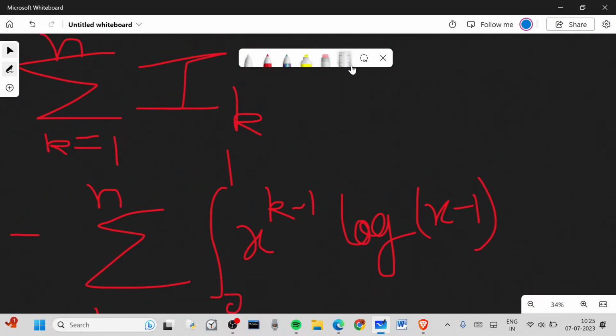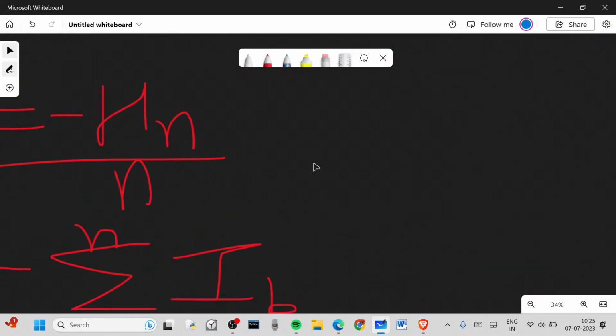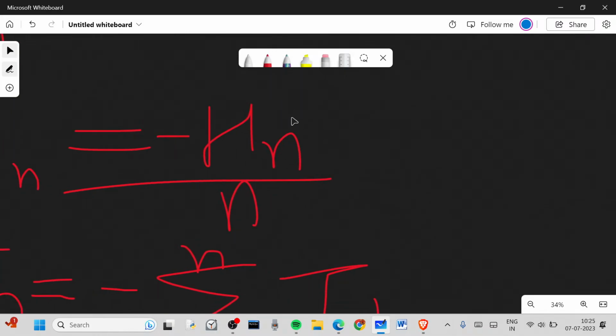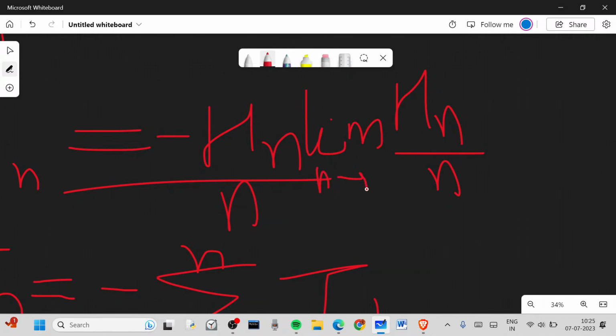And just for fun fact, I guess that limit n tending to infinity, where does Hn by n go? Limit tending to infinity, because it's infinity by infinity form, right? It's a well-known fact that zeta at 1 diverges, 1 plus 1 by 2 plus 1 by 3 diverges.